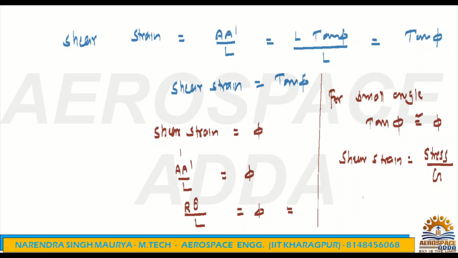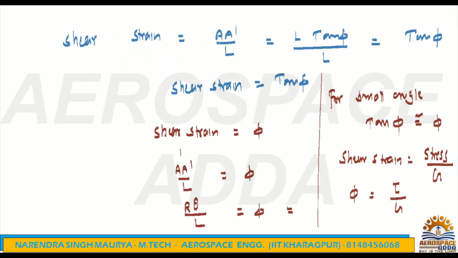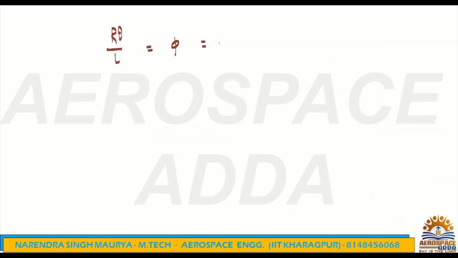So the shear strain is basically phi, and it is shear stress tau by G. So automatically here I can write the equation: r theta by L is equal to phi, and this phi is nothing but shear strain. Shear strain you can write as shear stress by modulus of rigidity.